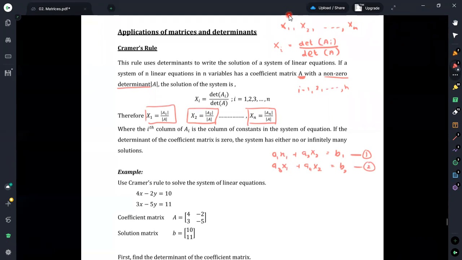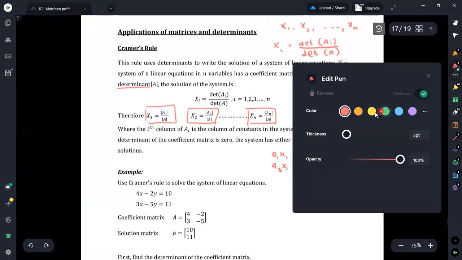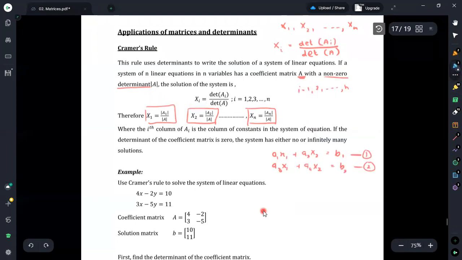Or else, suppose you are trying to identify these values: a1, a2, a3 and a4.